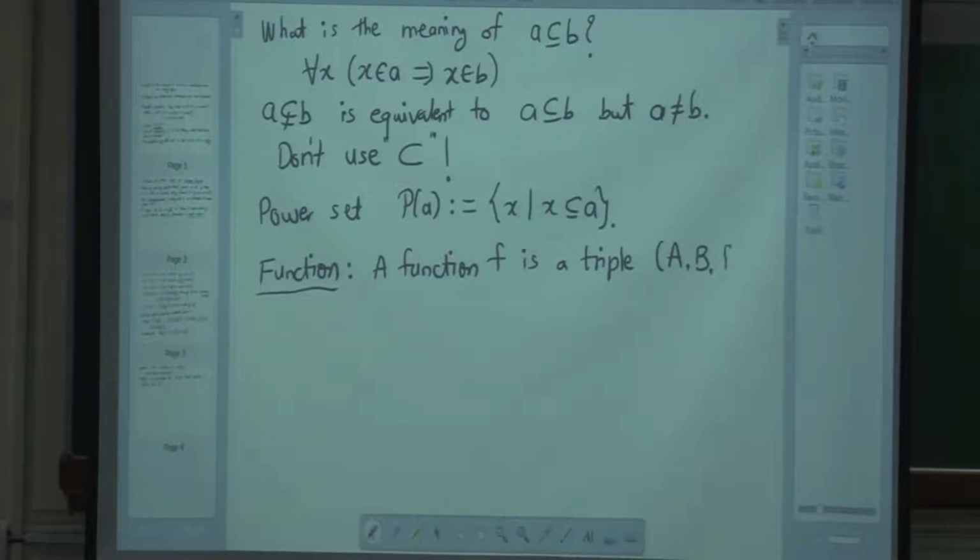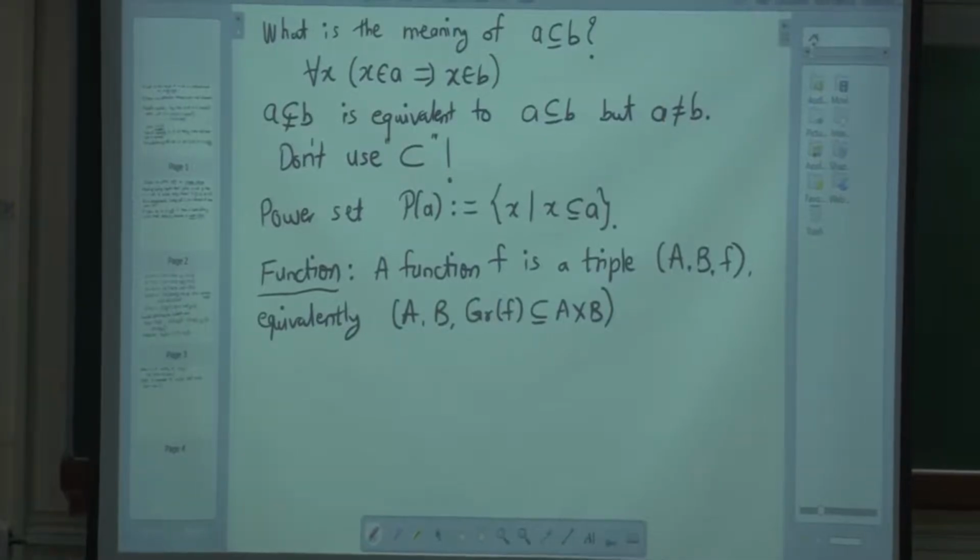I mean, okay, I will write f, but equivalently A, comma B, comma a subset graph of f, which is a subset of A cross B. Yes, every function has a graph, correct? And a graph is a subset of the Cartesian product, that's also clear?